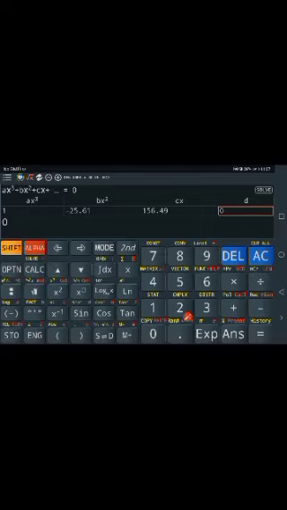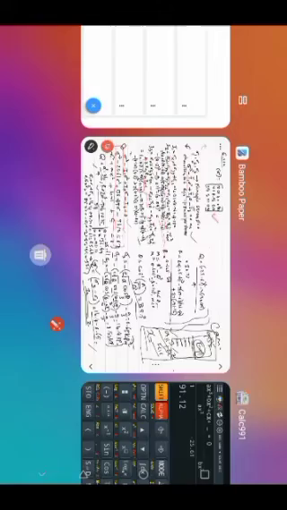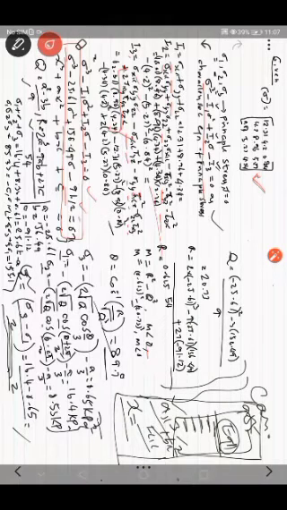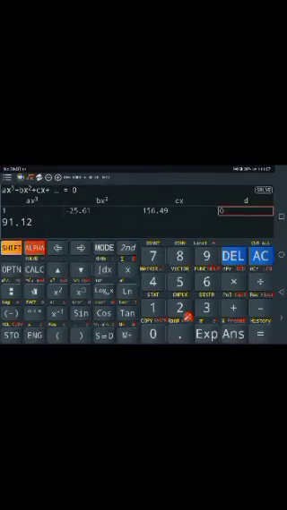Then you have the d value, whether it is minus or plus, see that. So it is minus 91.12. You have to put it here, minus 91.12, equal to.